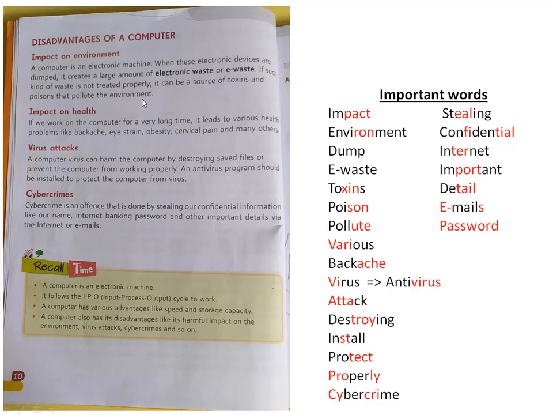We just cannot throw e-waste like that anywhere, right? Because it can be a source of toxins and poisons that pollute the environment. And we should not pollute the environment, right? So we should not throw e-waste, that is electronic waste, like that anywhere. Okay.